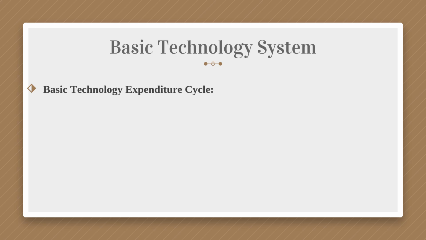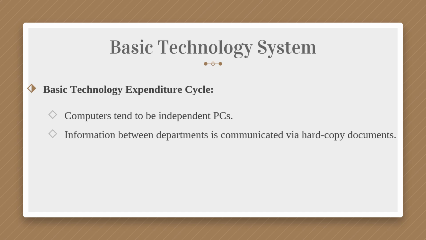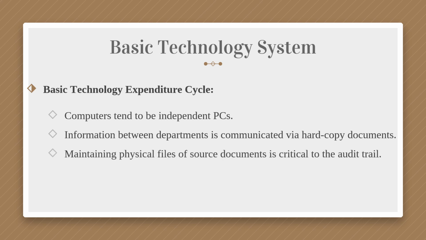In the basic technology system approach for the expenditure cycle, computers tend to be independent purchase cycle systems, and the information between departments is communicated via hard copy documents, meaning that human involvement is still greater, and maintaining physical files of source documents is critical to the audit trail.